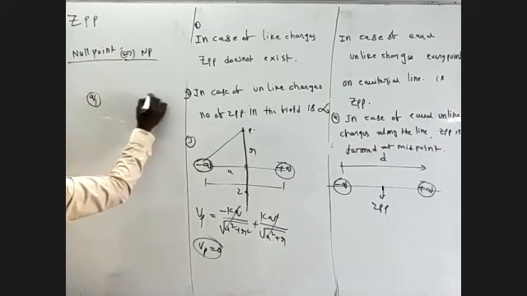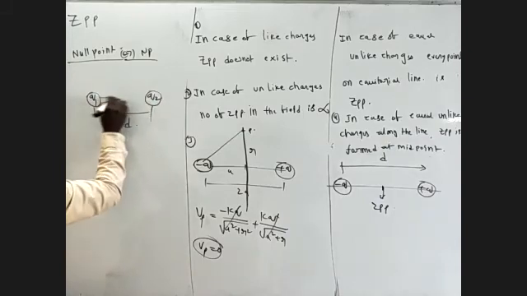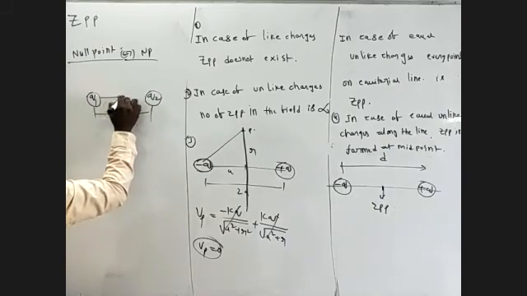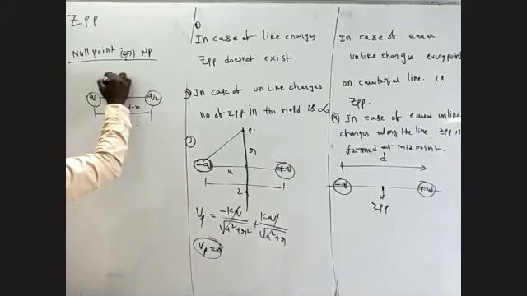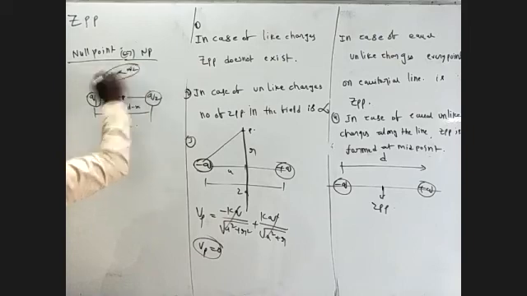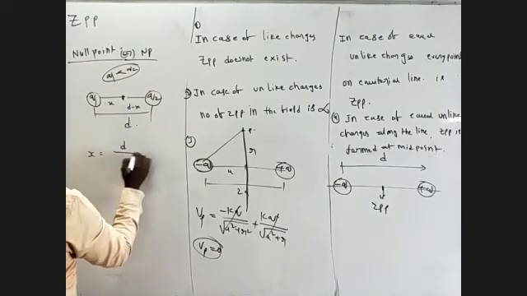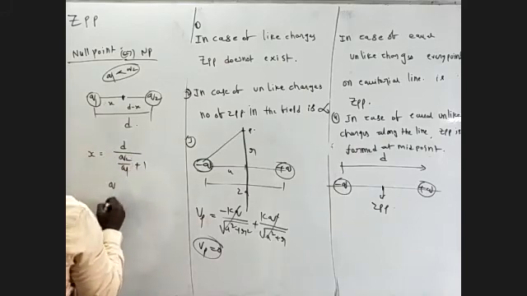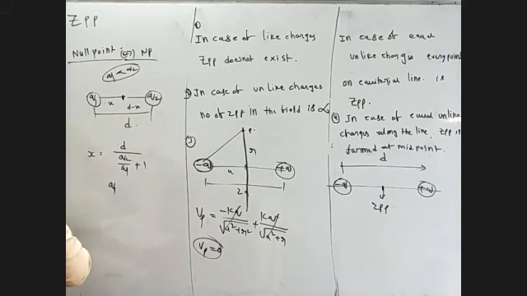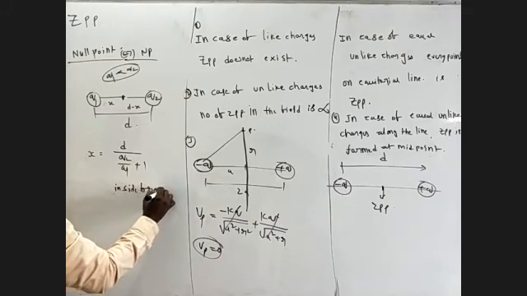This is Q1, this is Q2, and the distance between the two charges is D. The null point is formed at distance x from Q1, and this is D minus x. Q1 is less than Q2. Then x is equal to D by root of Q2 by Q1 plus 1. This is inside, measured from Q1.